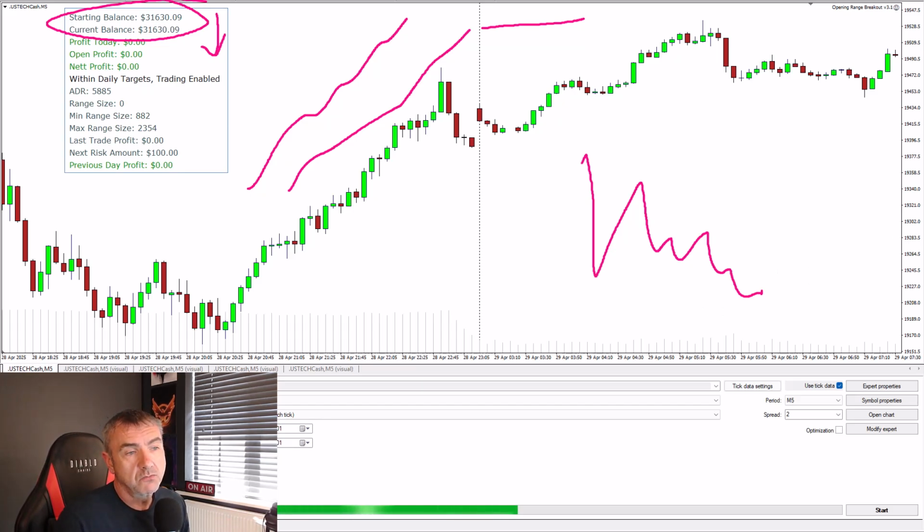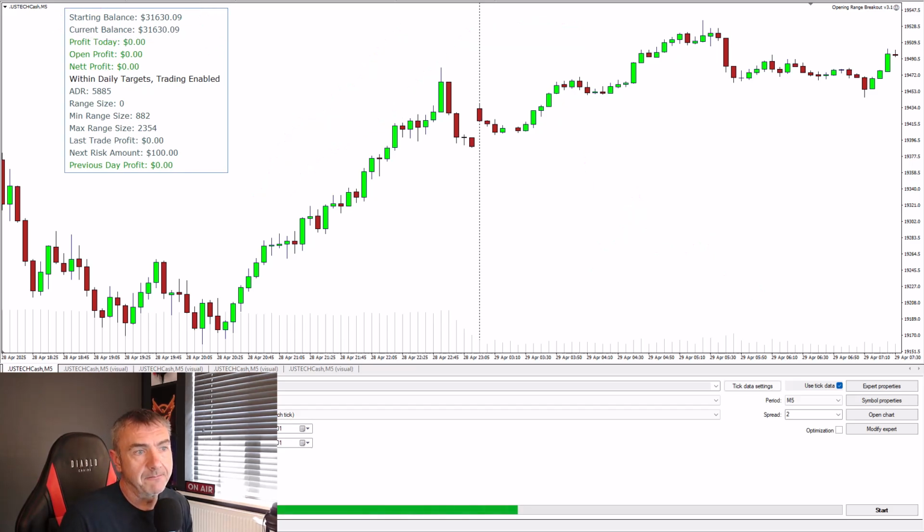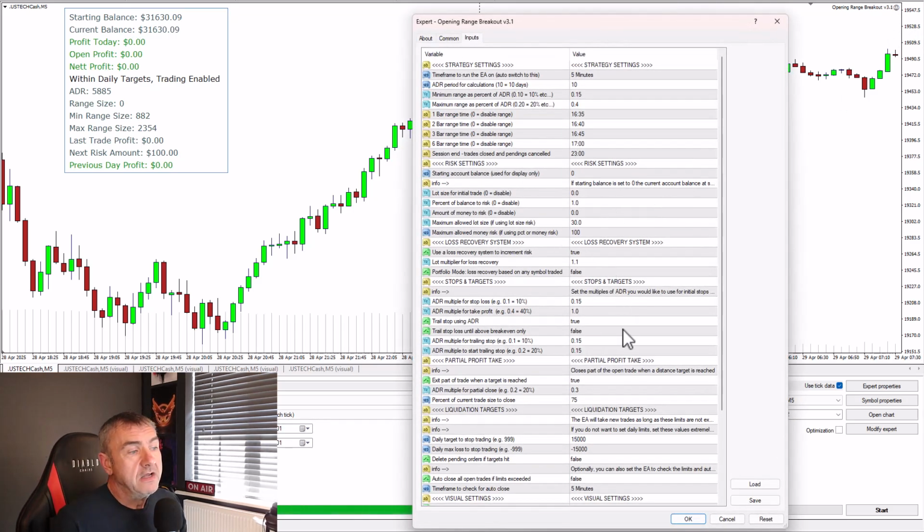So this version works slightly more intelligently, and it's less aggressive. It makes slightly less money, but it also will not go crazy with the lot sizes. So it's important that we keep our risk under control, which is why we have that maximum risk allocation in the settings. Okay, so that's basically the loss recovery system in a nutshell.